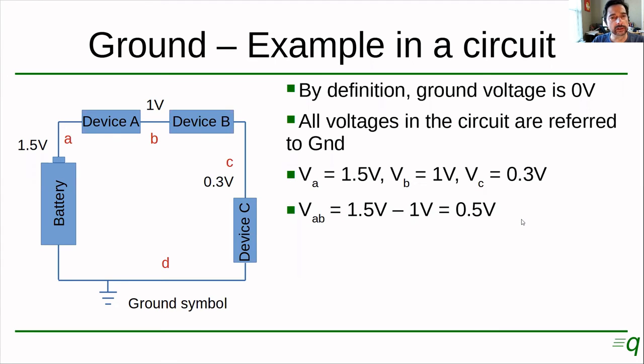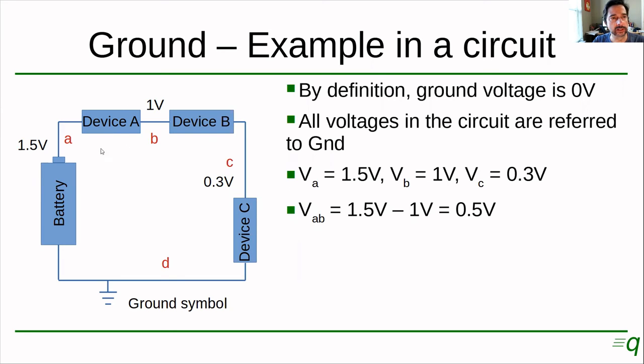Once we have all these voltages referred to ground, we can calculate the voltages between two different points, right? So the voltage between point A and B is going to be 1.5 minus 1 volt. So that's going to be 0.5 volts.